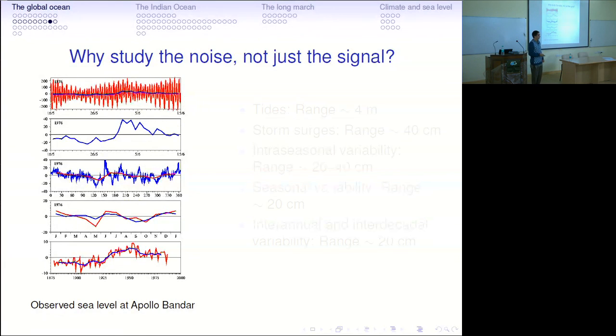So if you were to sit at Apollo Bunder over the course of a day, the water goes up and down by 5 meters. It has implications for several things. In Mumbai, the entire sewage disposal system depends on the tide.